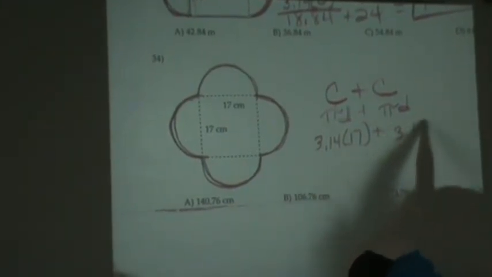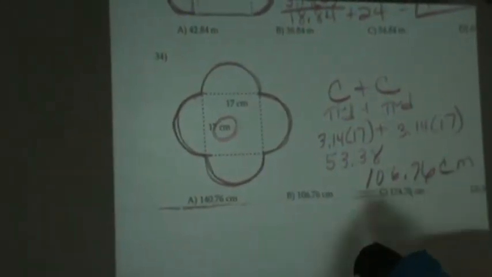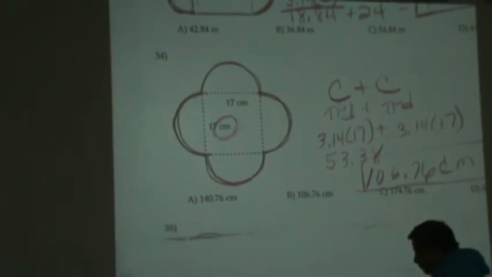So 3.14 times 17 plus the same thing again. 3.14 times 17 is 53.38. Times 2 is 106.76, and what is our units? Centimeters. Not squared, right? You're just going around it. 106.76 centimeters.